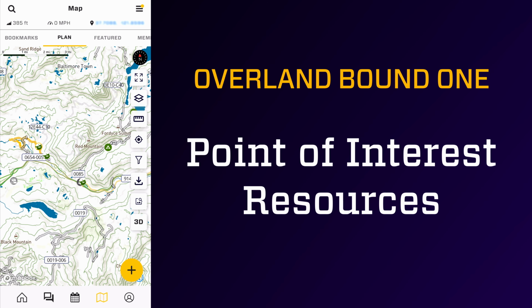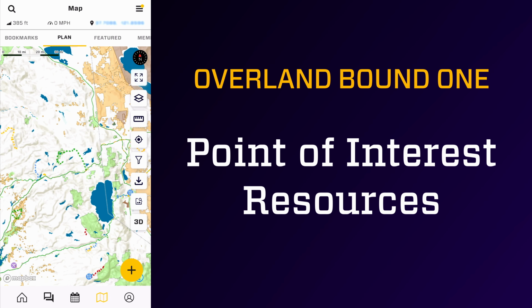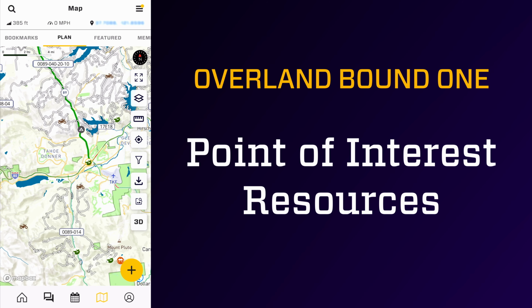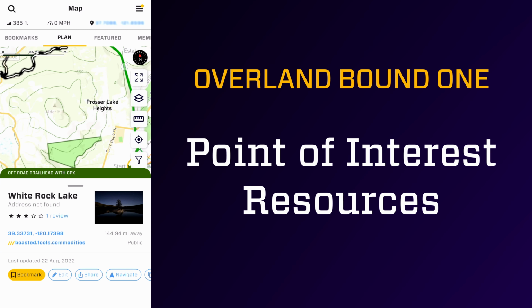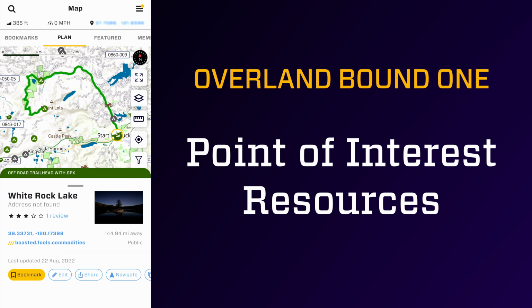If you zoom in close and tap, of course, you will get just that point of interest. In this case, I tapped on an off-road trailhead with a GPX track, and it automatically zoomed to display the full track.